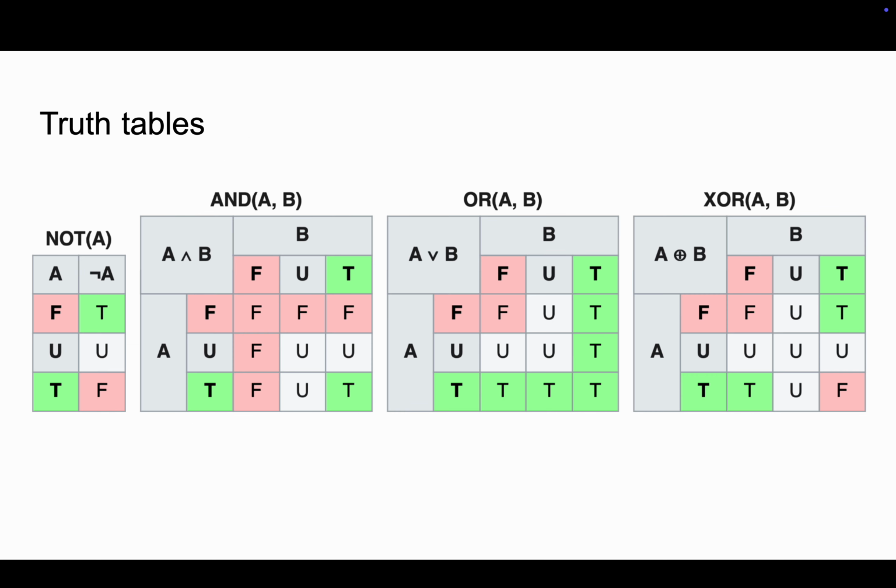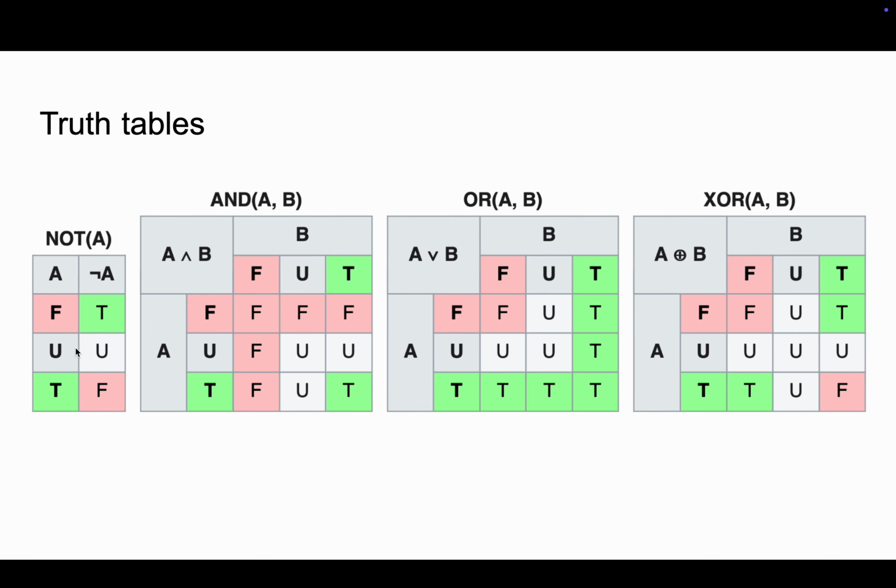Let us now move on to the truth tables of three-valued logic. This is the same for all systems of three-valued logic, or rather most systems that are predominant in modern logic. When you perform the negation, the only main difference is the addition of a U truth value.